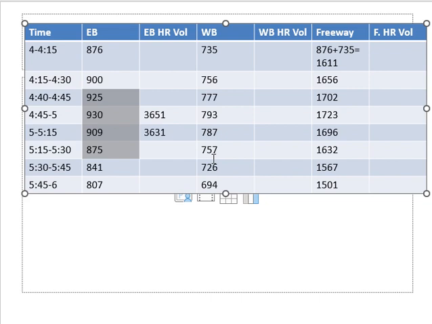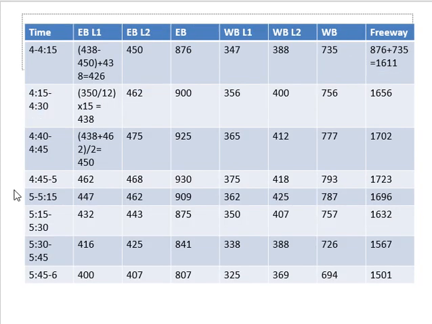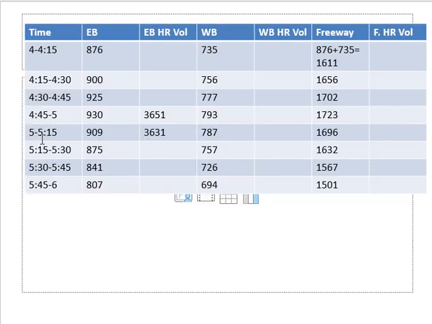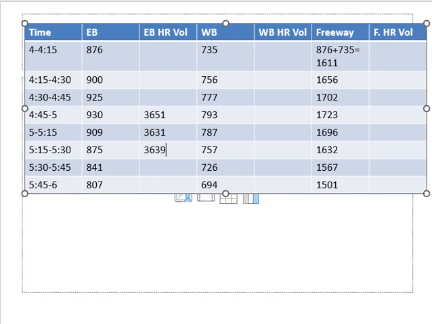Make it 4, 11. Okay, next. So these 4 values now.